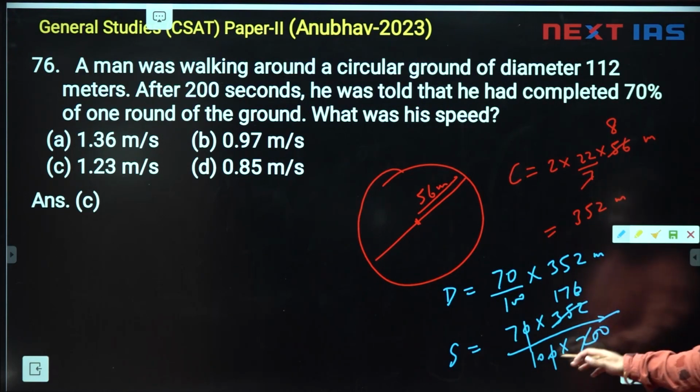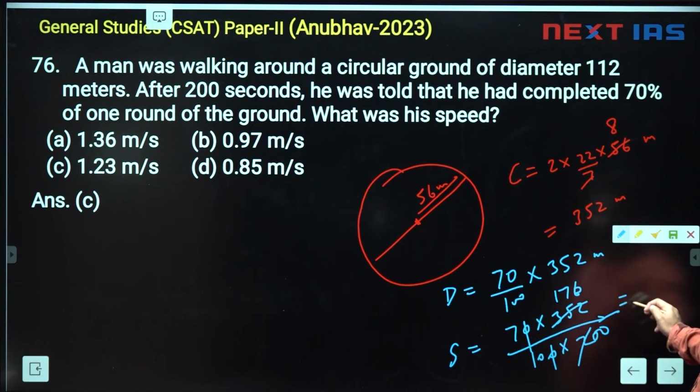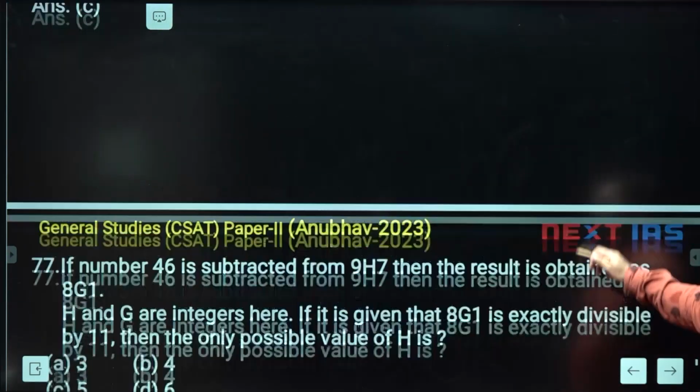So now here, 176 into 7, 176 into 7, 1 2 3 2 upon 1000. So this comes to 1.232 meter per second.